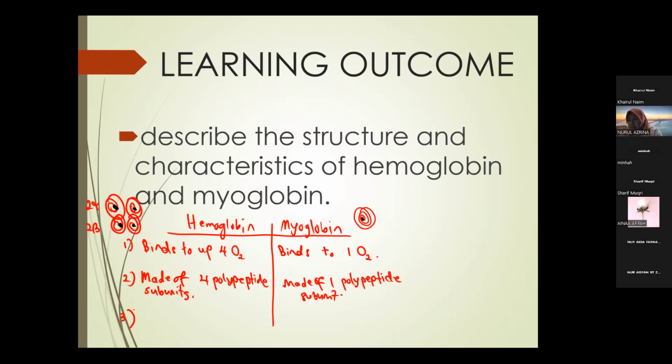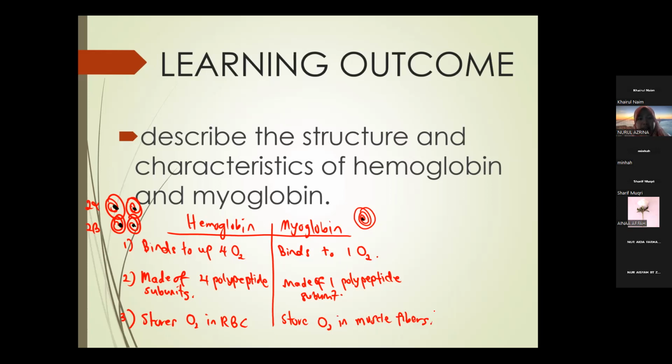Hemoglobin. Oh, red blood cell. Red blood cell. So hemoglobin stores oxygen in the red blood cell, while myoglobin stores oxygen in muscle fiber, or in muscle tissue.